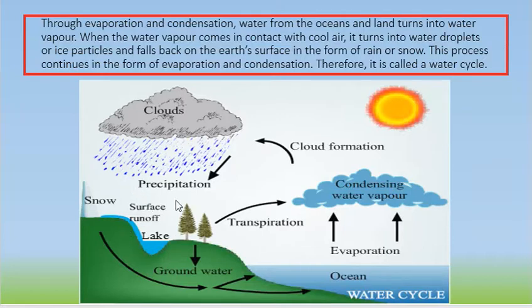This process continues in the form of evaporation and condensation. Therefore, it is called the water cycle. By this diagram, you are able to see how water takes different forms.